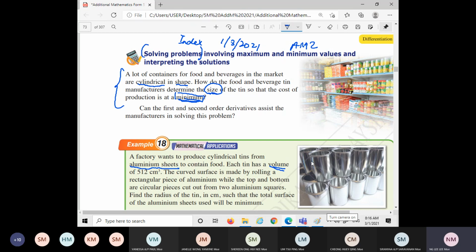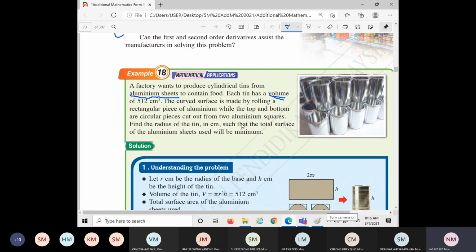Can the first and the second order derivative assist the manufacturer in solving this problem? So now we see the problem. A factory wants to produce cylindrical tins from an aluminium sheet to contain food. Each tin has a volume of this. You see or not?